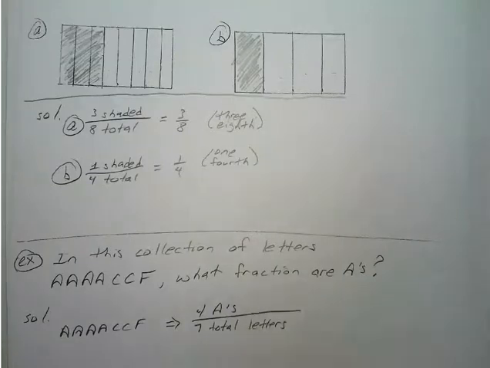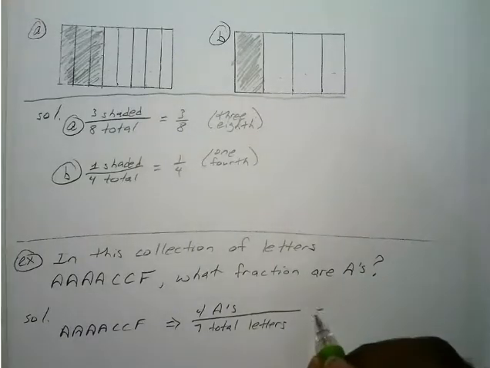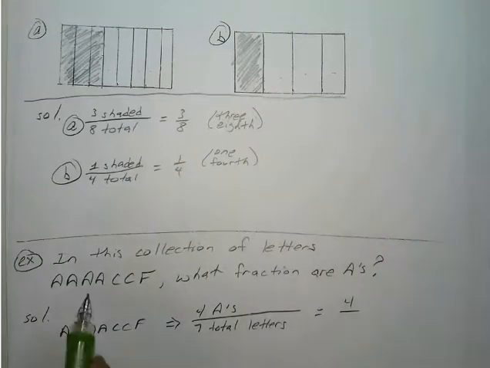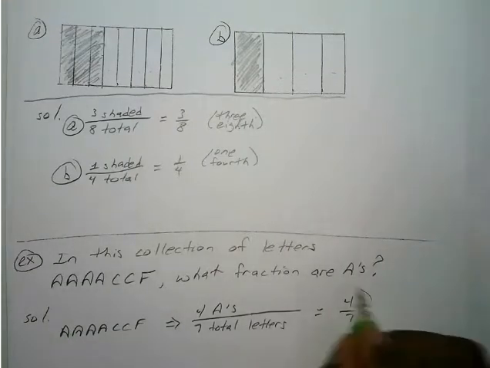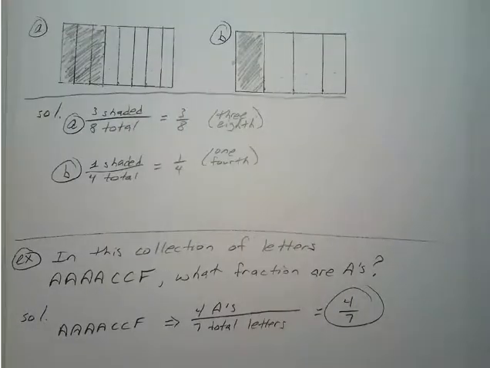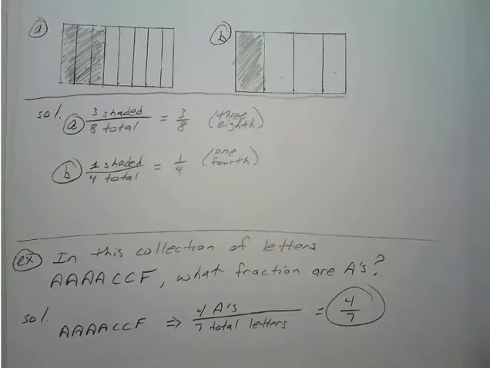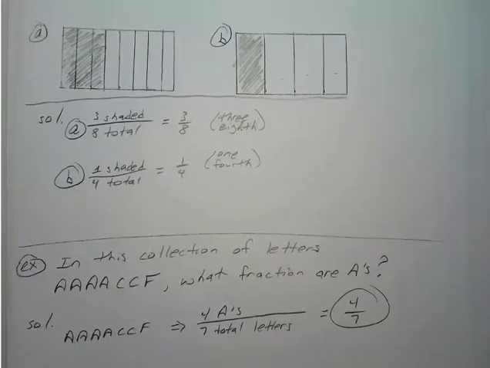Which means this will be represented by 4/7. So if you're still writing, feel free to press pause, but we're going to go ahead and move on to our next page.